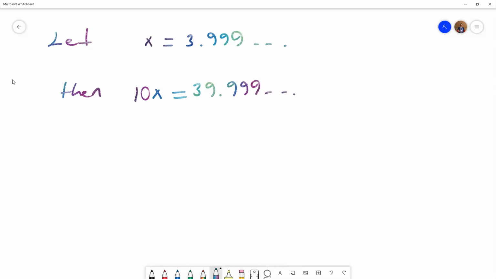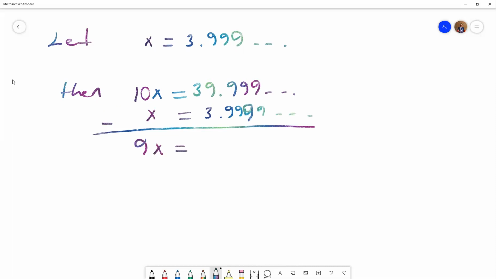And then subtract x from this 10x. So we have here 9x, and it goes. So we have 36 here, and you see that x is equal to 4. So we verified that.